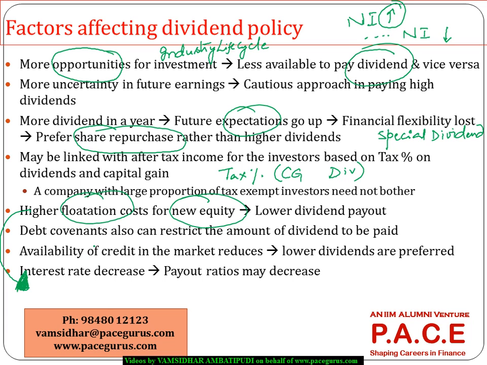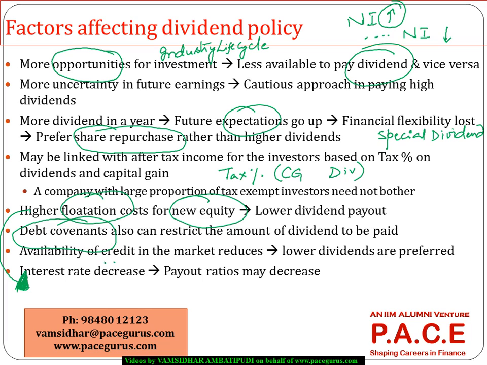And sometimes when the company has more bond investors, the covenants with respect to the debt, the dos and don'ts of the company with respect to the debt, also prevent the company from declaring abnormal dividends during a particular period.